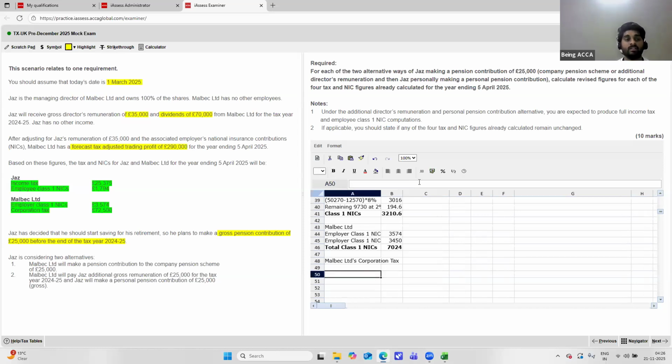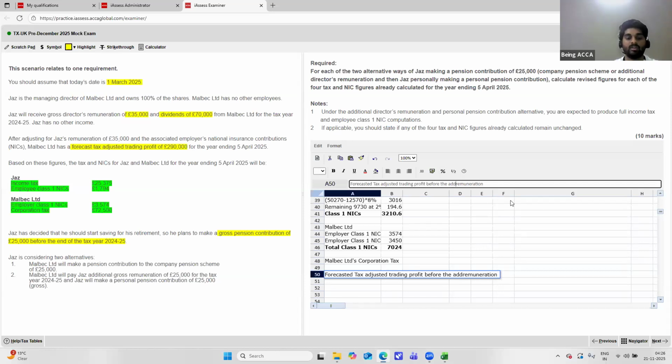What is the forecasted tax adjusted trading profit before the additional remuneration? Before the additional remuneration, it was 290,000.